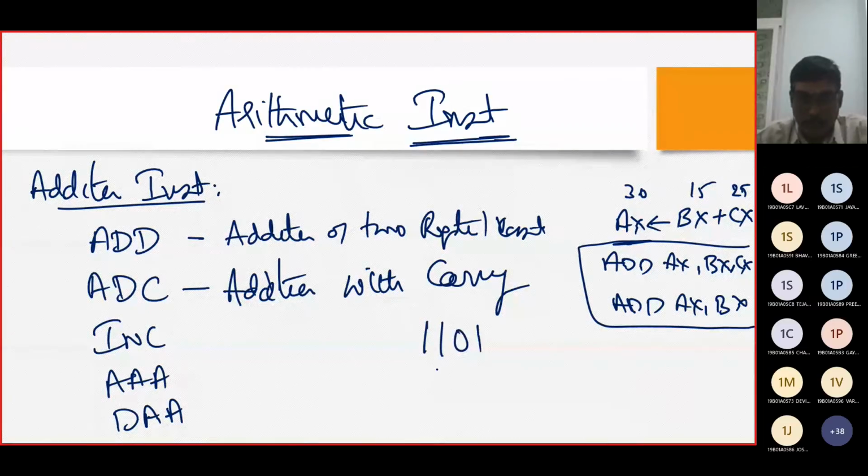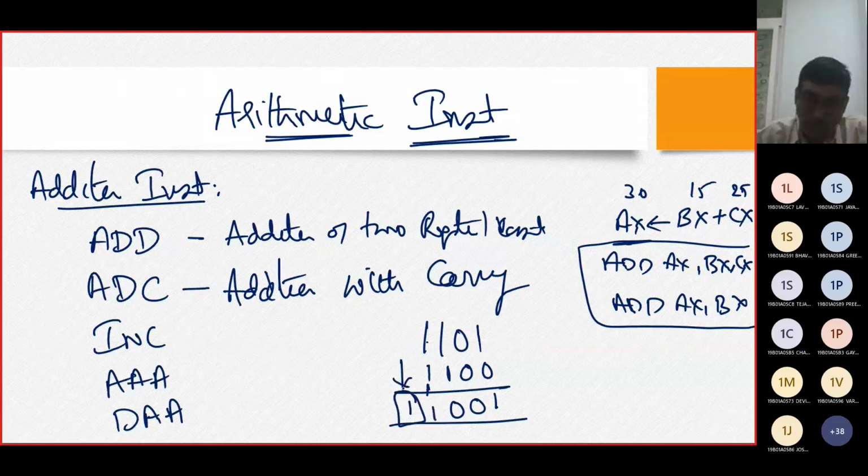Then I am going to add 1100. So right now I will do the addition at this point of time. 0 plus 1 is 1, 0 plus 0 is 0. 1 plus 1 is 0, carry 1. Then I have 1 plus 1 plus 1, which is nothing but 1, 1. So this 1, we are going to call the carry flag.